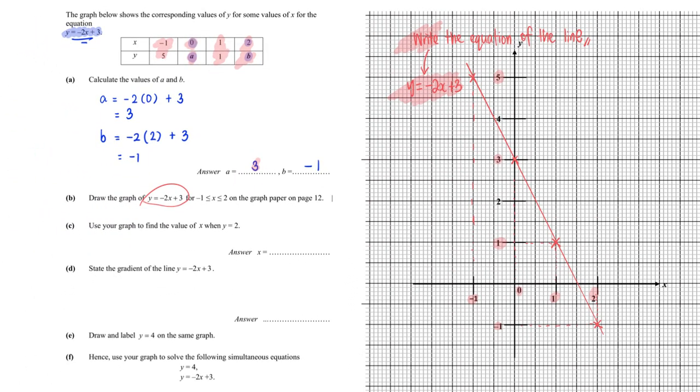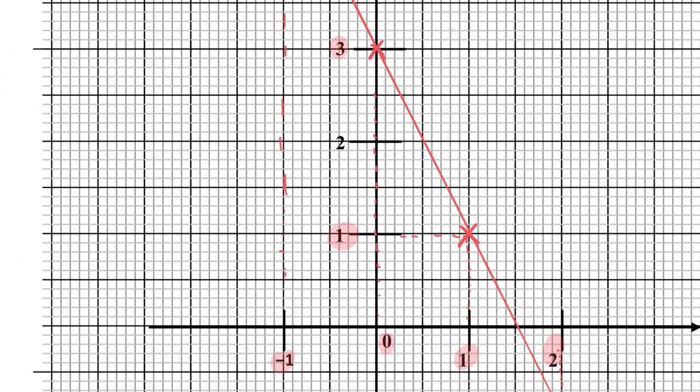Part C, use your graph to find the value of x when y is negative 2. So how do I show the working? Well, when y is negative 2, draw your dotted line, and from here you can then see that it is 0.5. And do label, this is for my part C. So this is how you show working.